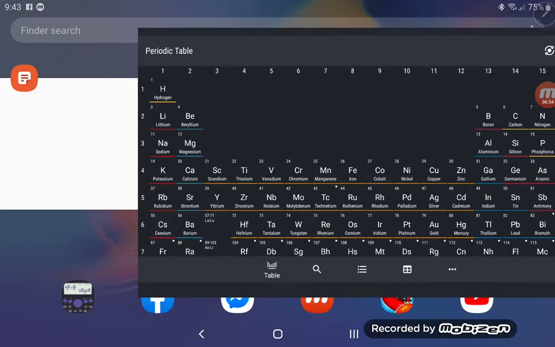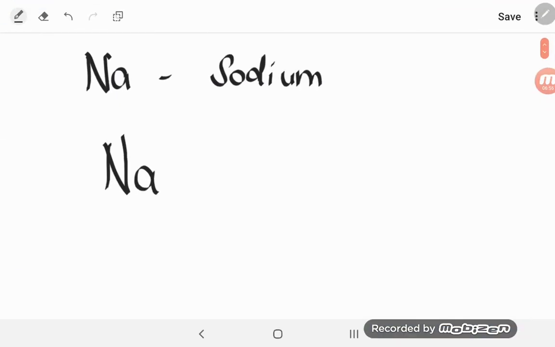Okay, so let's go back to our whiteboard and try to write the necessary information for the element sodium. On the top part, you are going to write there the mass number. So the mass number is 23. And at the bottom part, you are going to write there the atomic number, which is 11. So basically, the number of protons is equivalent to the atomic number.